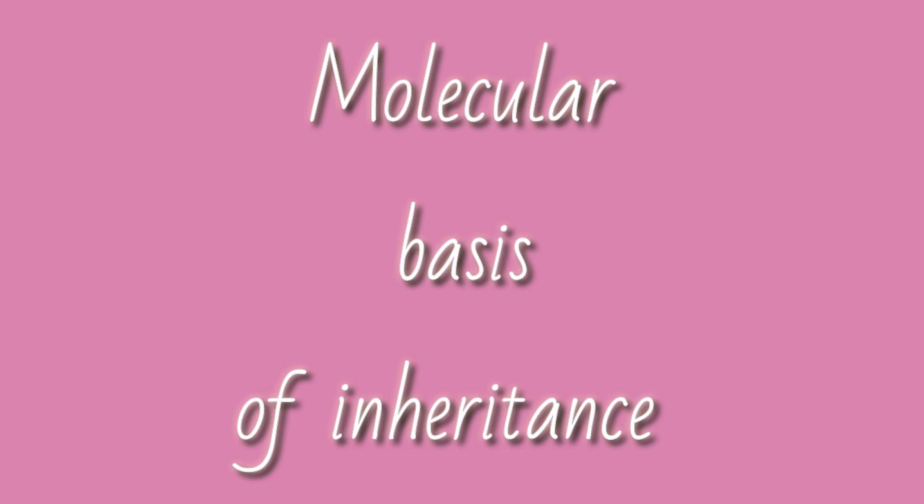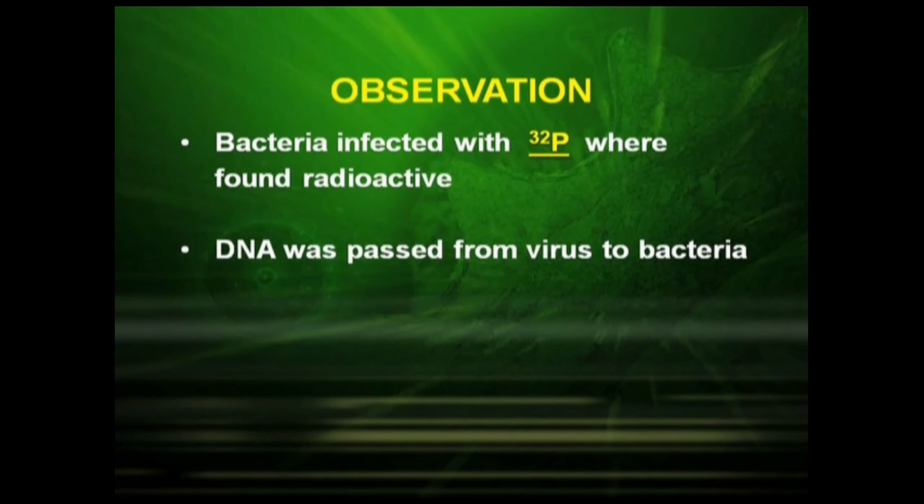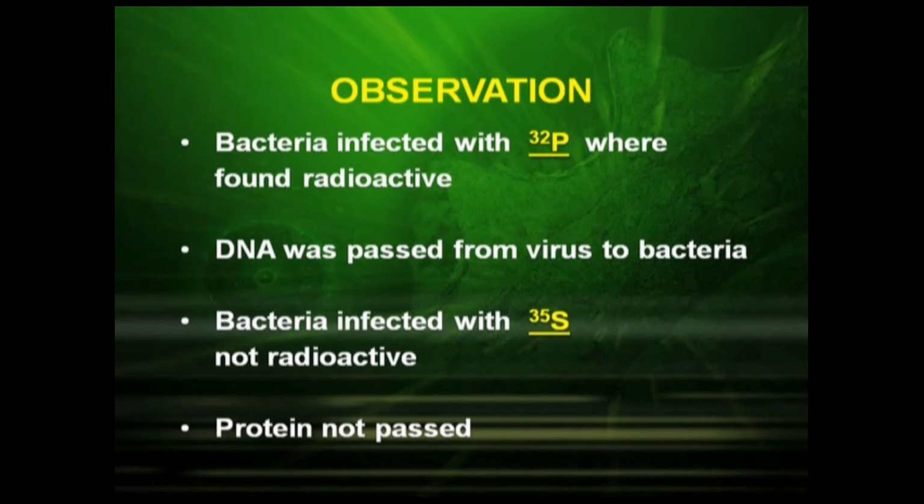Now since the supernatant contains the protein and the pellet contains the phosphorus, what is the clear indication? Now let us see the observation of the experiment. The bacteria infected with P32 were found radioactive, so the DNA was passed from virus to bacteria, and the bacteria infected with S35 were not radioactive, so that clearly shows that protein is not passed.